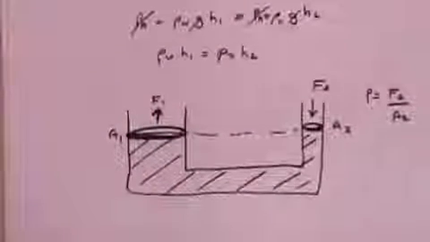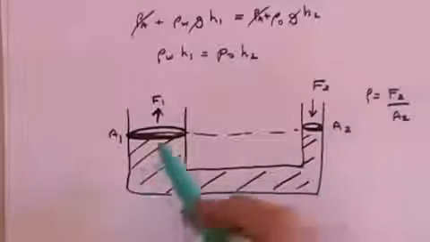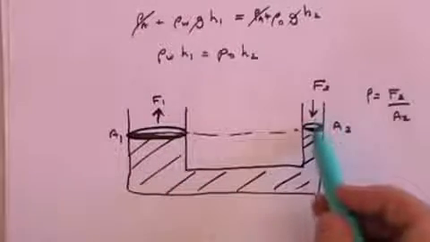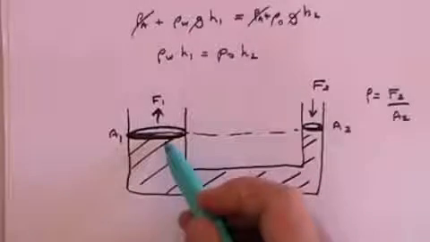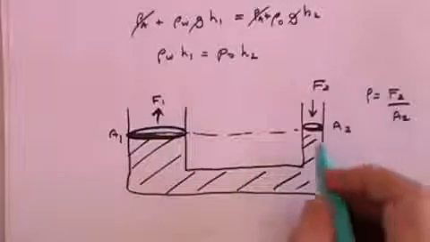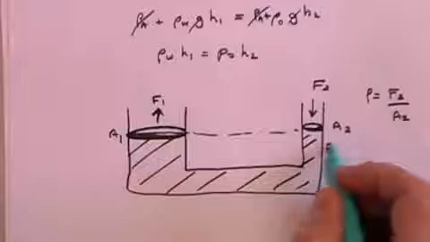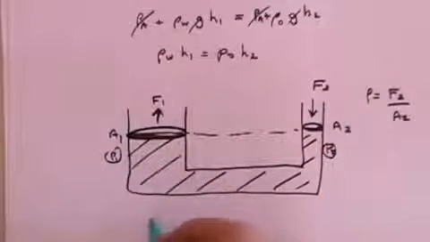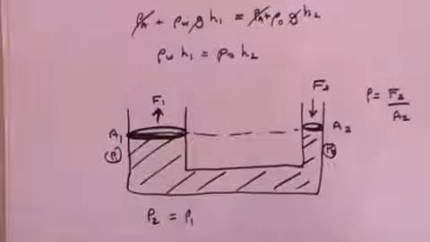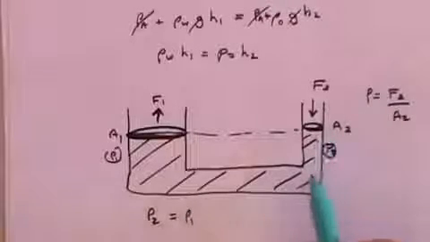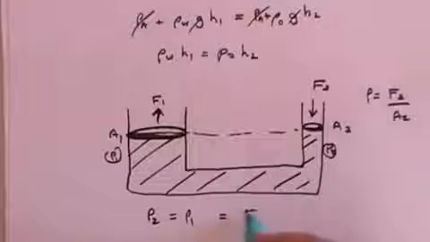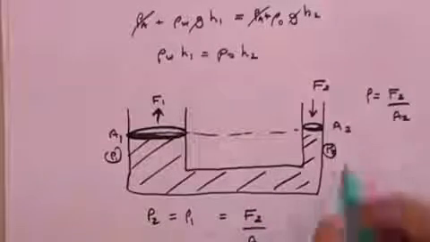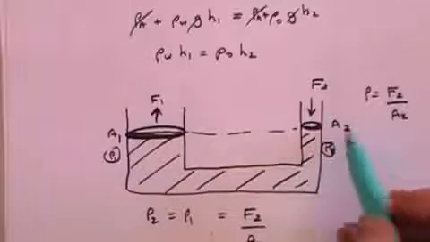Now, what do we know about pressure? Pressure is transmitted through the fluid. So the pressure that is applied here will be the same pressure that is applied here. So if we call this pressure P2 and this pressure over here P1, P2 is equal to P1. The same pressure applies here. But P2 is force divided by area, that force divided by that area.